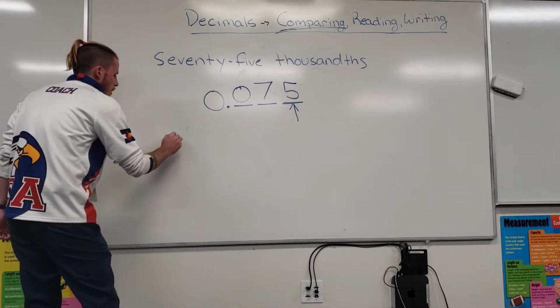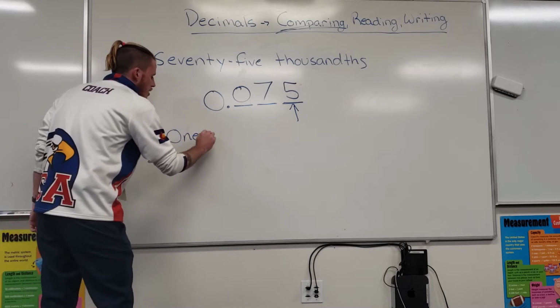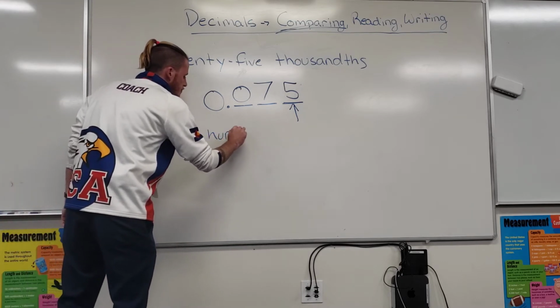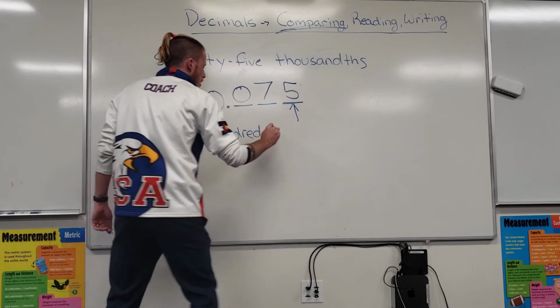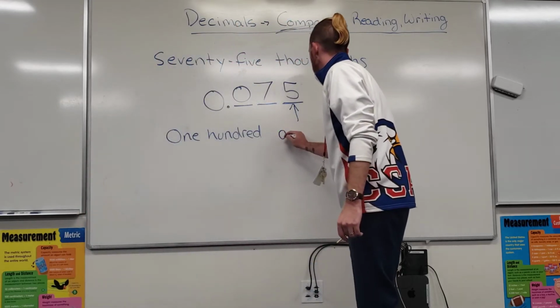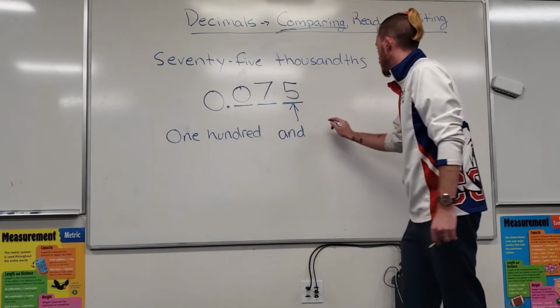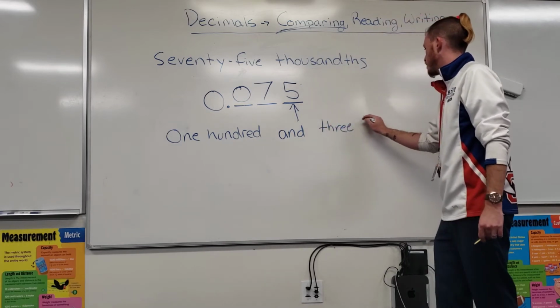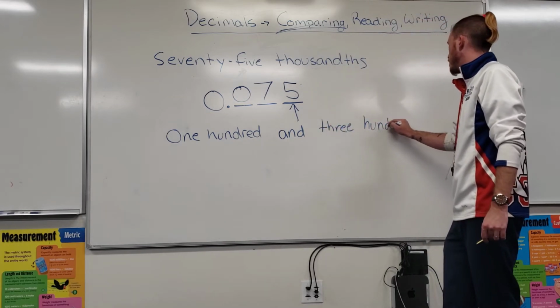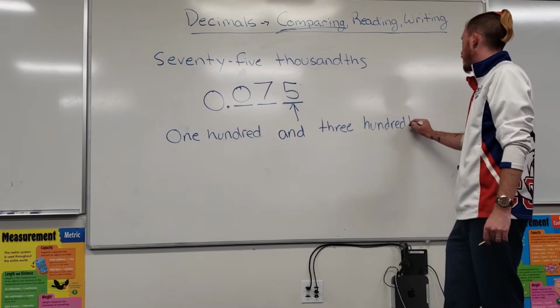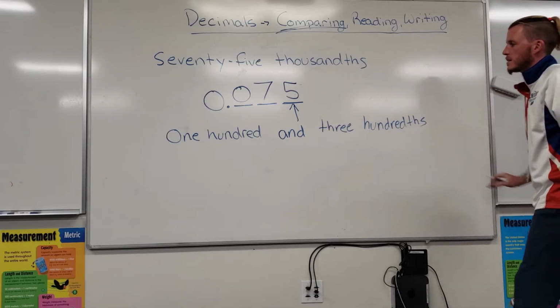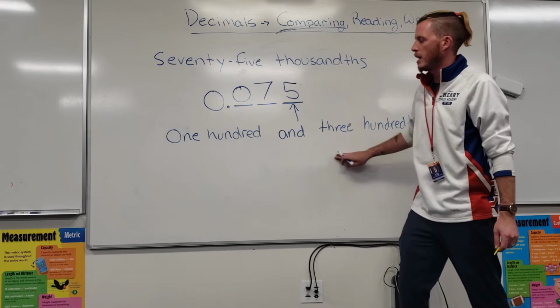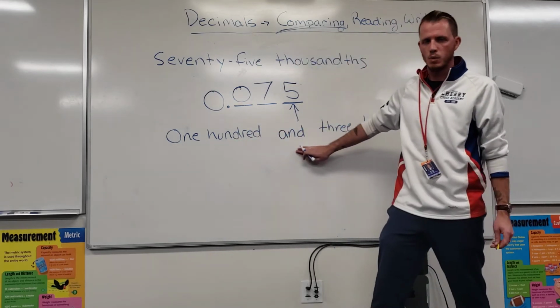So let's do another one. Let's do 100 and 3 hundredths. All right, so first things first, I know we have a whole number here because I'm seeing this word "and" and I've got words before that.